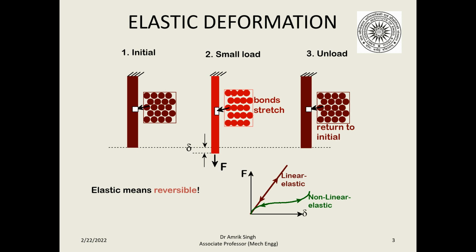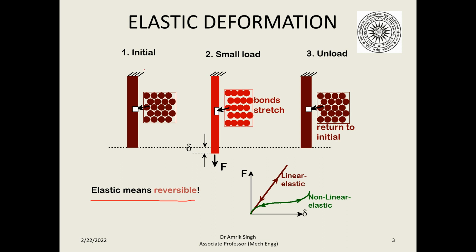Okay, and these molecular bonds will be stretched, or you see this will be taking a different shape. And when we remove this load, it returns to initial. So this is a case of elastic, which means reversible.